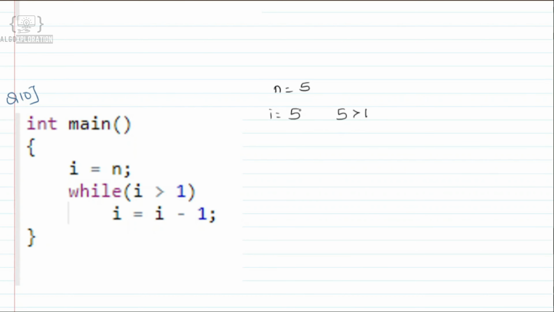So we will decrement the i value by 1. That will be 4. Is 4 greater than 1? Yes, it is. So decrement 4 to 3. 3 is greater than 1. Then 2. 2 is greater than 1. And then 1. 1 is greater than 1, which will be false. So actually it is running for 4 times.